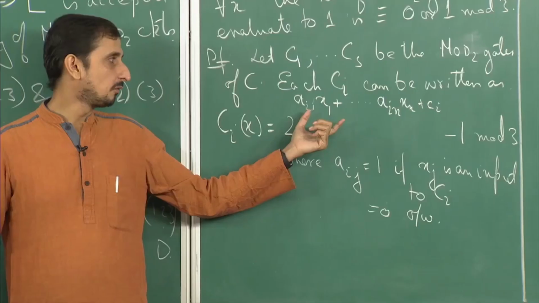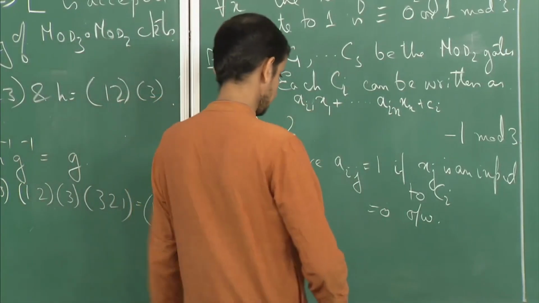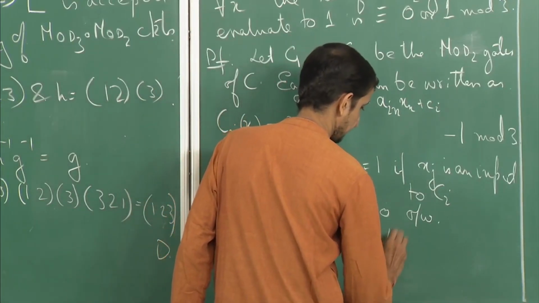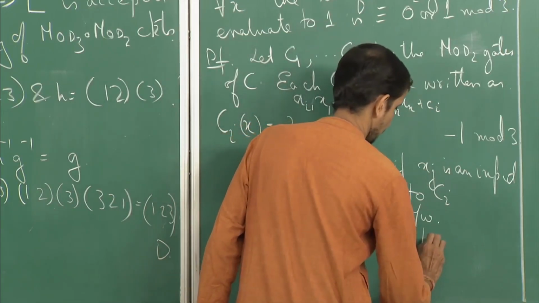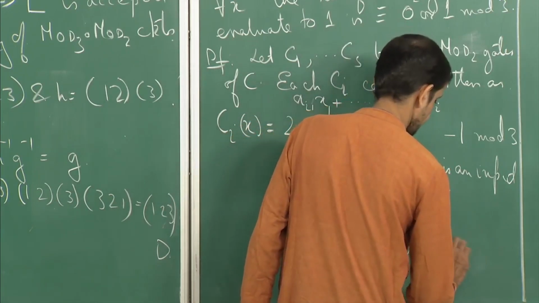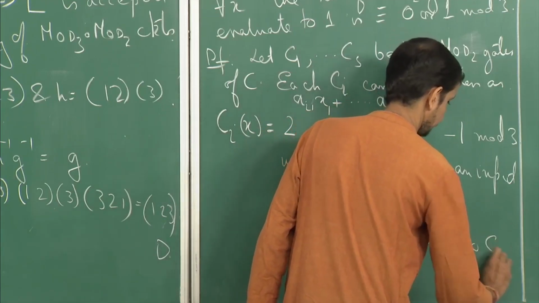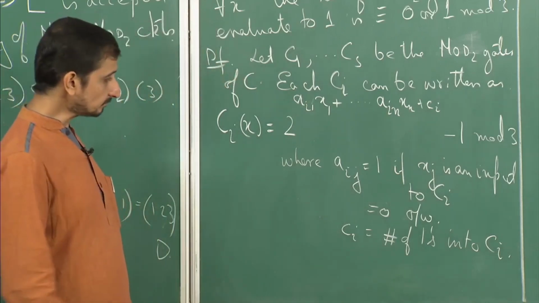So, if I just look at this sum, okay, so I should also say Ci is equal to the number of ones into capital Ci. Okay.